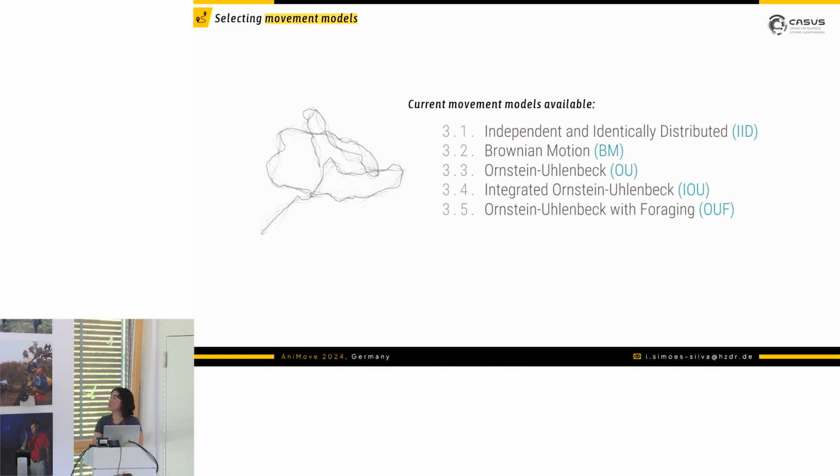So these are the ones currently available within CTMM. And the good thing about CTMM is that if a new method comes out that explains something better, it can be added very quickly, and it can always expand and include more variations. So maybe if you have a very different movement, we'll look into it and add it to CTMM if we can.